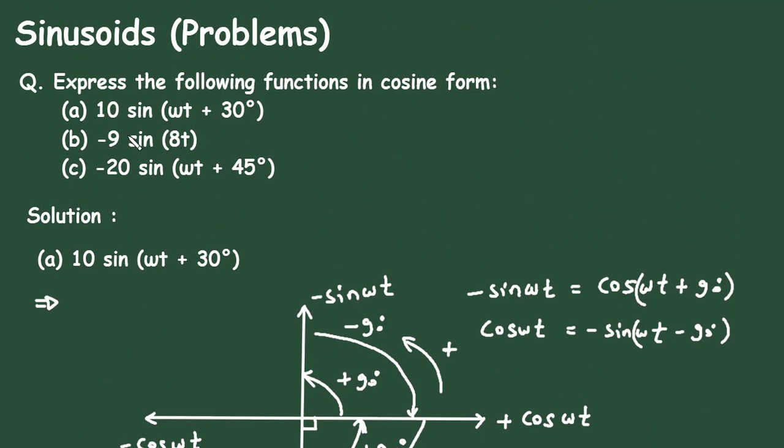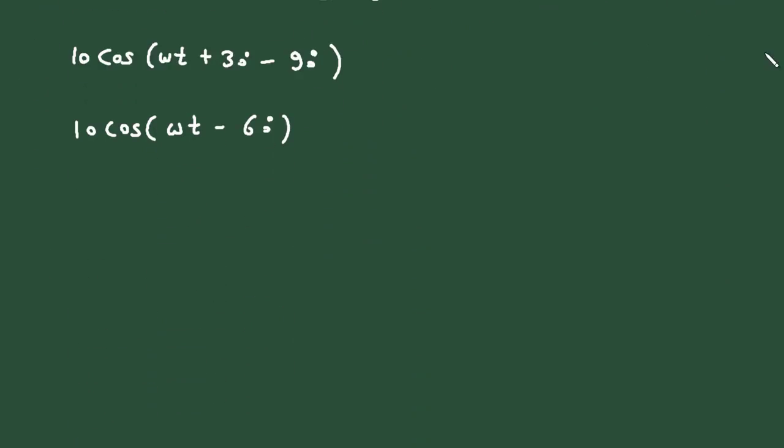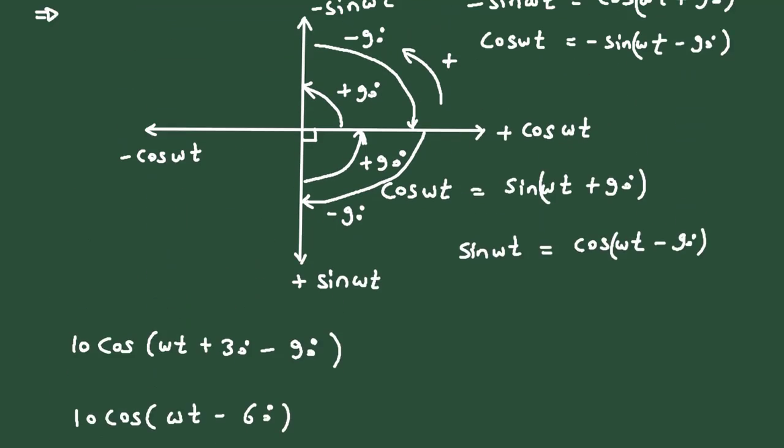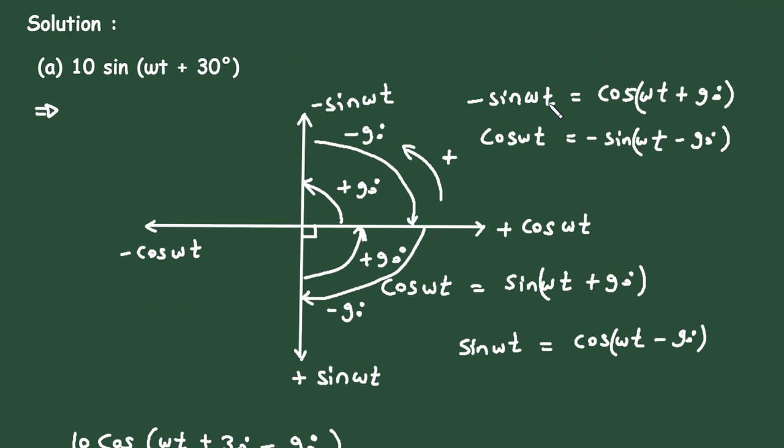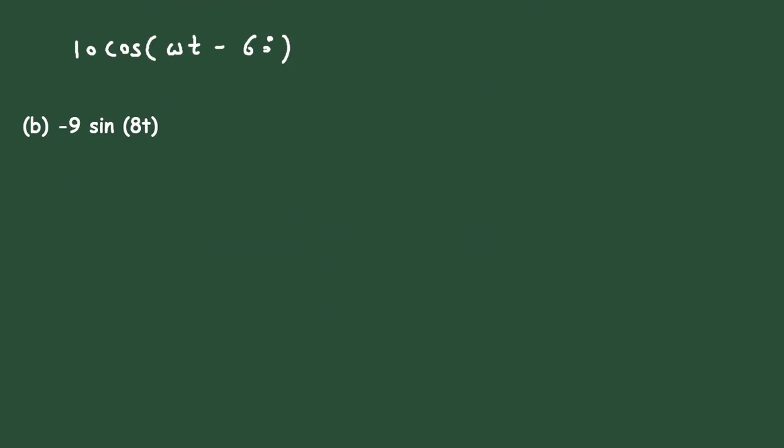Now next is B. Here this is given in minus sine form. Let's copy this first. It is given in minus sine form, that means minus sin omega t. So what we have to do? We want to convert it into plus cos form. So we have to add 90 degree to it.